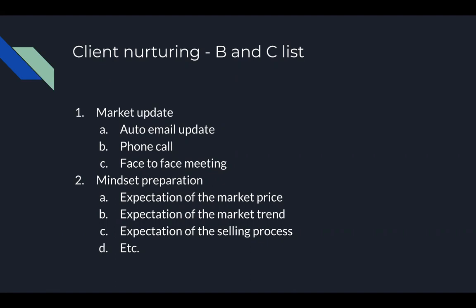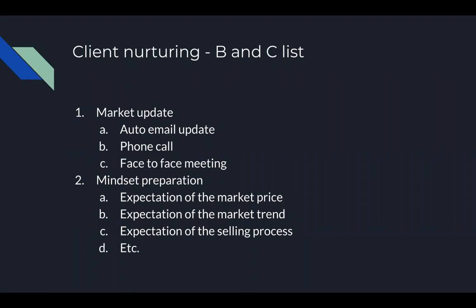Auto email updates, phone calls, face-to-face meetings, and mindset preparation: expectation of the market price, and expectation of the market trend. Those are the things you have to prepare your potential client with. They have to know the market. If the market is going down and they want a ridiculous price, you're not going to get the deal done.